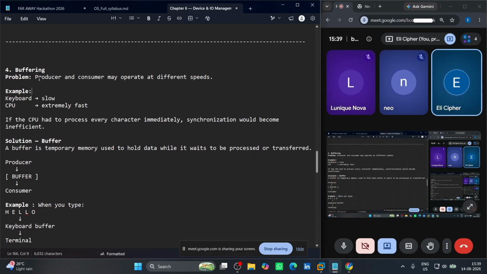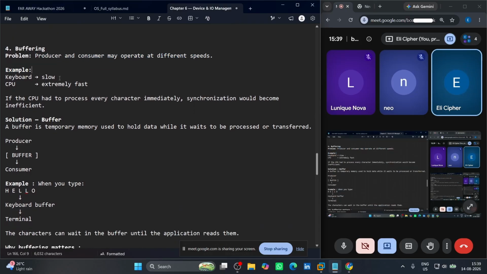So for example, the keyboard is slow because it is typed by us, while the CPU is extremely fast.